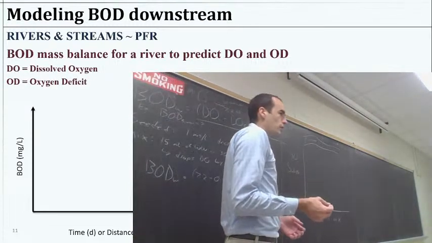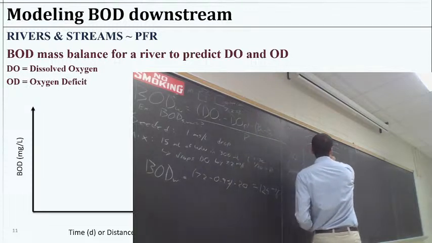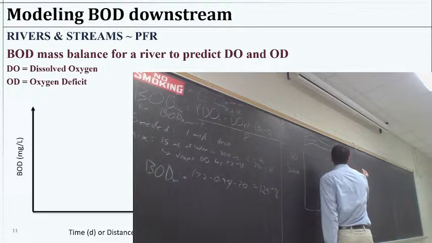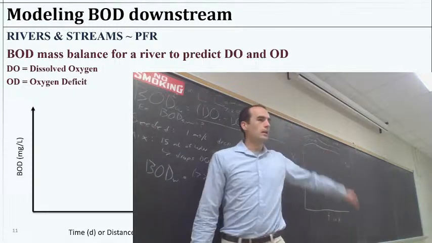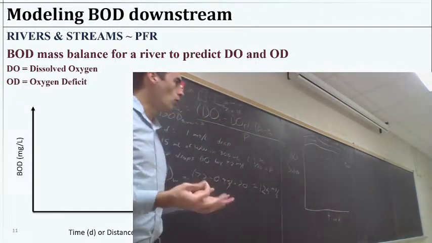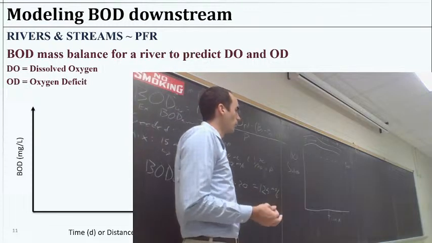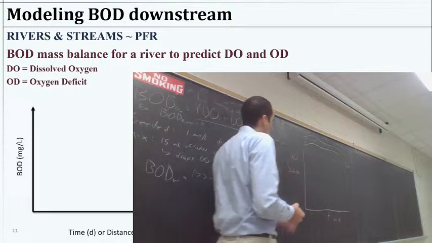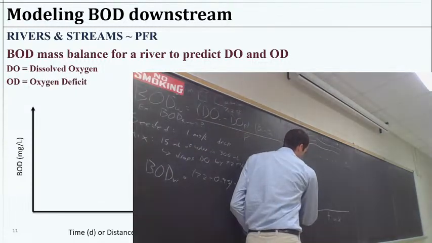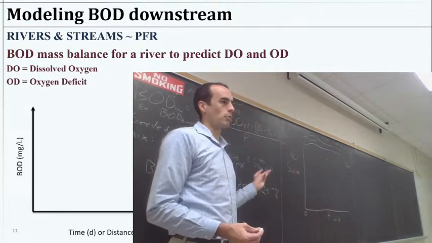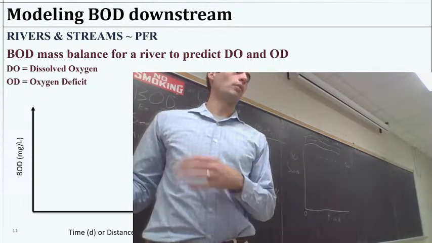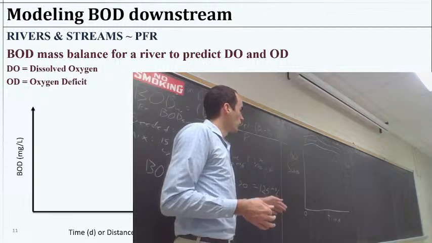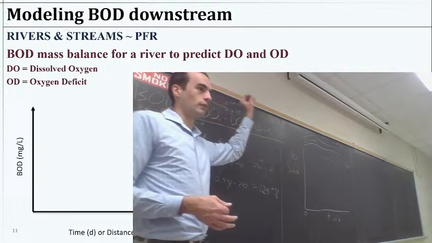So for the dissolved oxygen case, we can imagine we'll have some sort of saturation level, where that's going to be our water when it's saturated with air, with the oxygen in the air. And at time 0, or distance 0, we've just discharged our wastewater, and typically we aerate our wastewater right before we discharge it. So the wastewater itself should have a pretty good oxygen level at that moment.